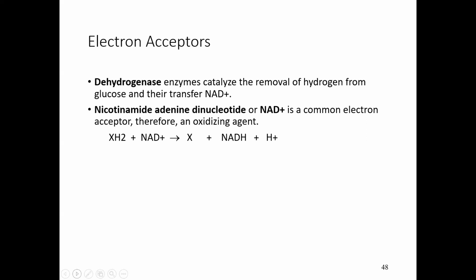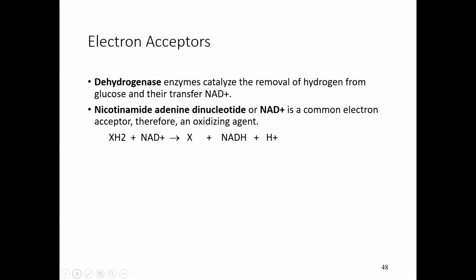That energy can be transferred directly to ATP, but usually the energy, when it's stripped off, is transferred to the electron acceptor, which is the NAD+. Because remember, electrons have to go somewhere. They can't just run randomly through the air and keep bouncing around.